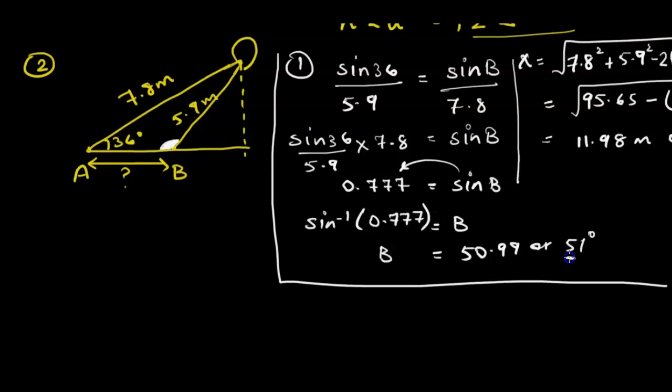Like here, the angle that we got was 51 degrees. So 51 degrees would not be this part of the angle, but it would be this part of the angle. So in order to get this angle, we would have to do 180 degrees minus 51 degrees, and that would give us 129 degrees. So this angle is 129 degrees.